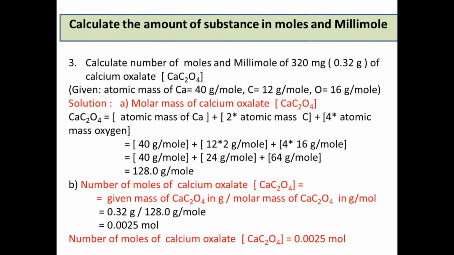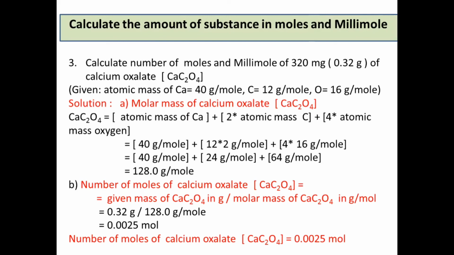In the next example, we can calculate the amount of substances in moles and millimoles, similarly for another substance. For example, calculate the number of moles and millimoles of 320 milligrams, which is equivalent to 0.32 gram, of calcium oxalate, which has the formula CaC2O4.